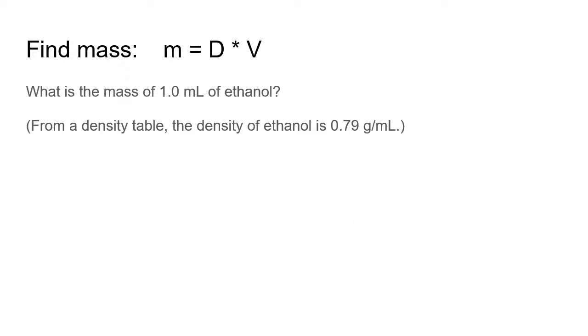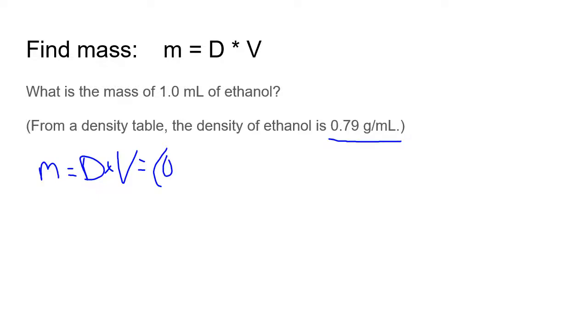So now we're going to find the mass. I looked at the density of ethanol in a density table for this problem. The density of a substance is always the same at room temperature, so they make charts that you can look that up on. Now, I'm going to find the mass by multiplying density times volume.